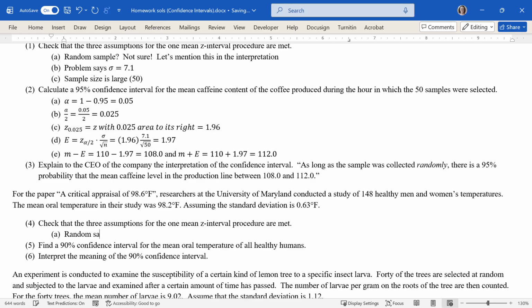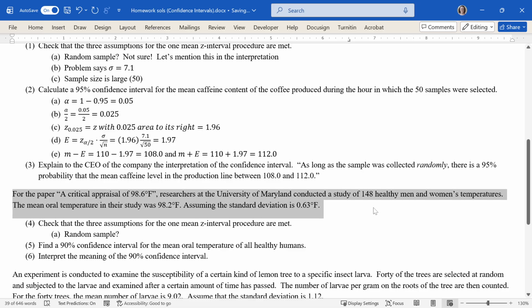So was this a random sample? Actually, again, I really can't tell. It doesn't say it was random, and that really matters. It matters how you collected these people. If it was 148 college students, then you haven't got a good unbiased estimate of everyone's temperature. You've got an estimate of college students' temperatures, right?